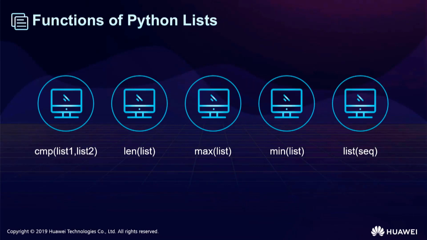You can use cmp to compare the elements between two lists, use len to get the number of elements in the list, use max to return the maximum value of the list elements, use min to return the minimum, and use list to convert a tuple into a list.